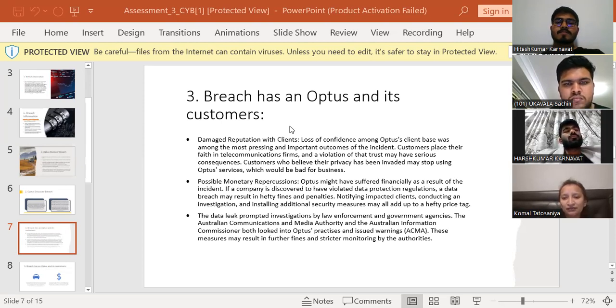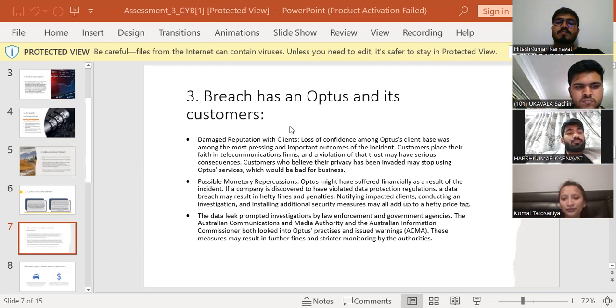Optus might have suffered financially as a result of the incident. If a company is discovered to have violated data protection regulations, a data breach may result in hefty fines and penalties. Notifying impacted clients, conducting an investigation and installing security measures may all add up to a hefty price tag.